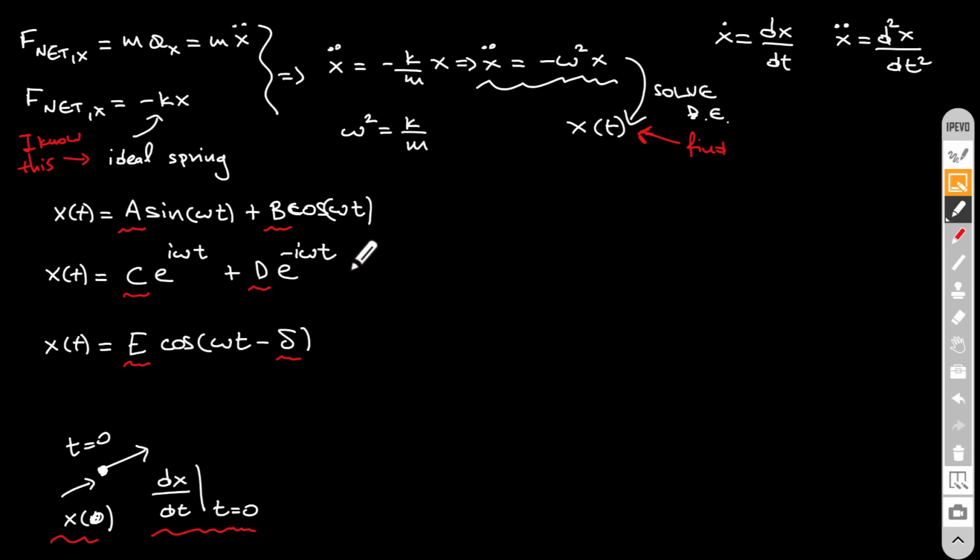I will not do that here, but you can do it and show that the constant d is really the complex conjugate of the constant c, which means the whole second term is the complex conjugate of the first term.